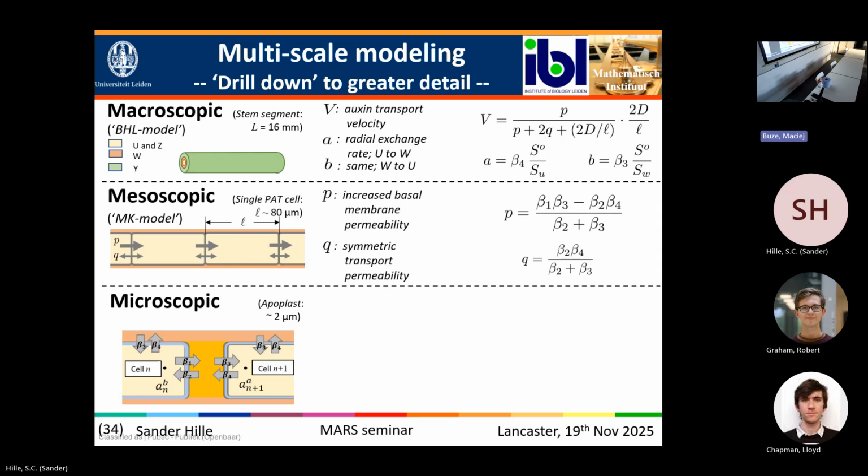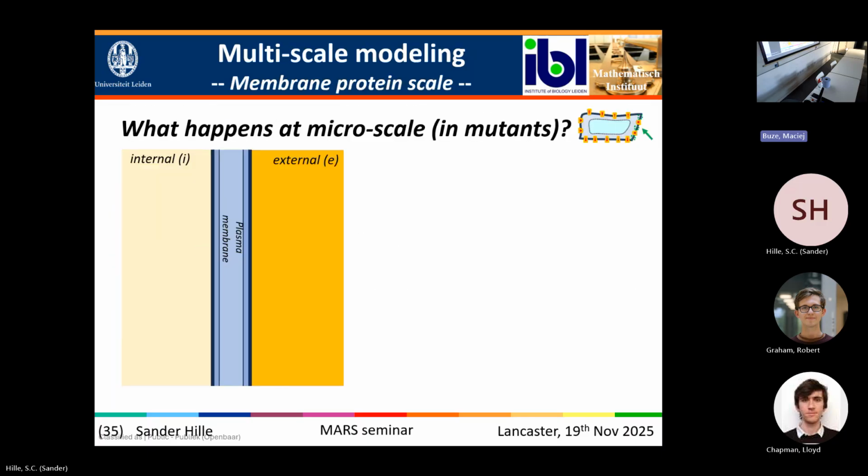Also it turns out the A and the B are related to the leak here, and they are related also to these betas, and the other parameters in here are anatomical parameters. And then we want to know what these betas are. You need to drill even deeper to what happens at this barrier.